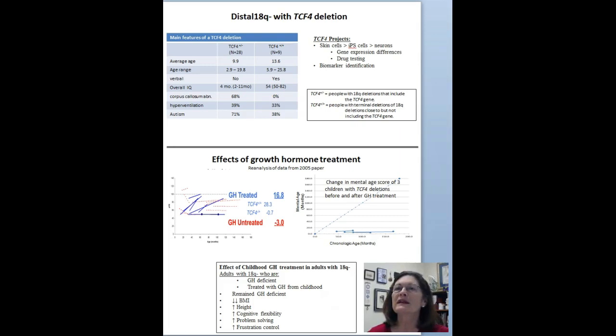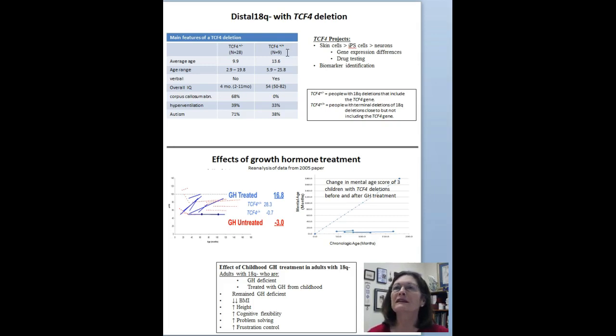One of the things we did find in comparing people who have deletions that include TCF4 and deletions that don't include TCF4 is the developmental range and skills of those groups. And so that's shown here. Again, the TCF4 plus minus are the people who have a deletion that includes TCF4, and the people that are TCF4 plus plus do not.